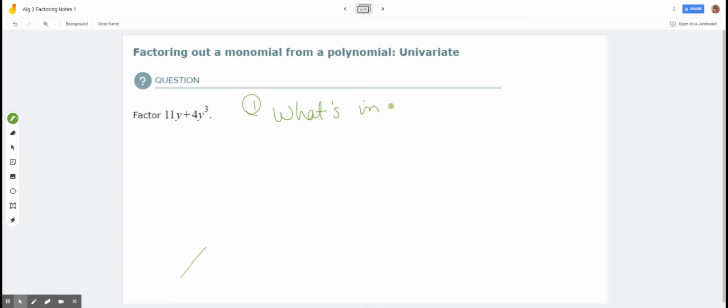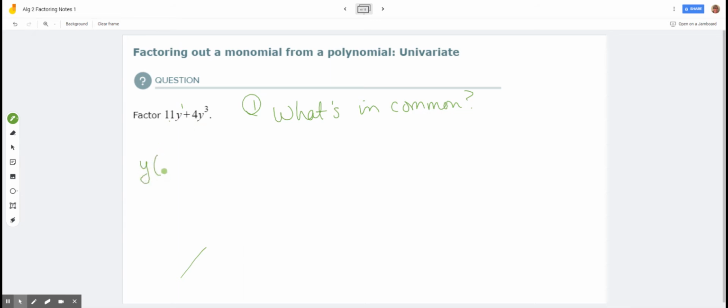What's in common? There's nothing in common between 11 and 4, right? What's in common between y and y cubed? It's always going to be the lowest level. There's 1 y here and there's 3 y's here, but only one is in common. So we are going to kick out that y.